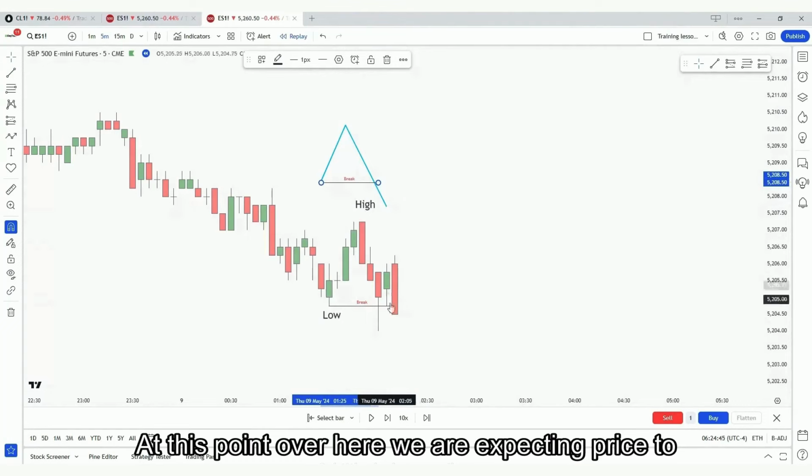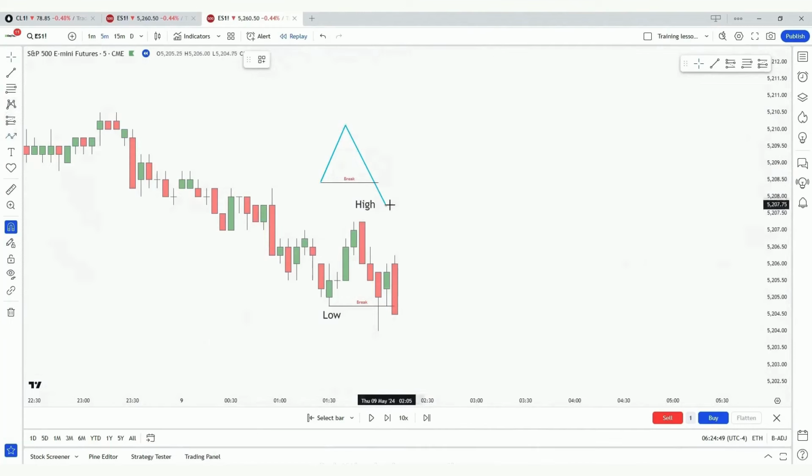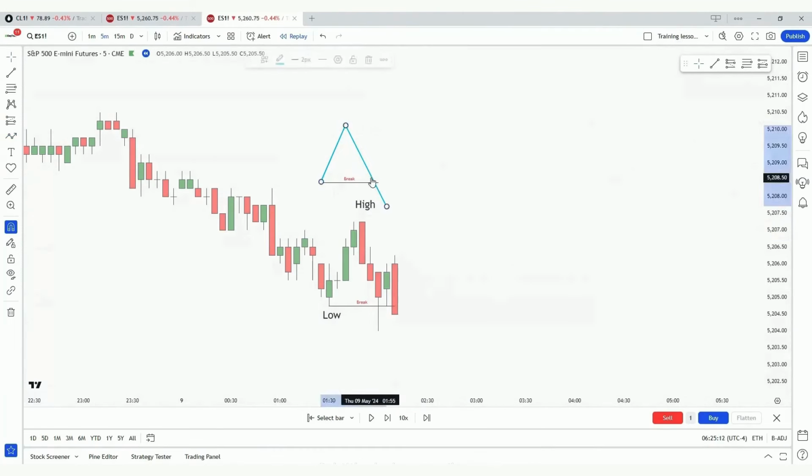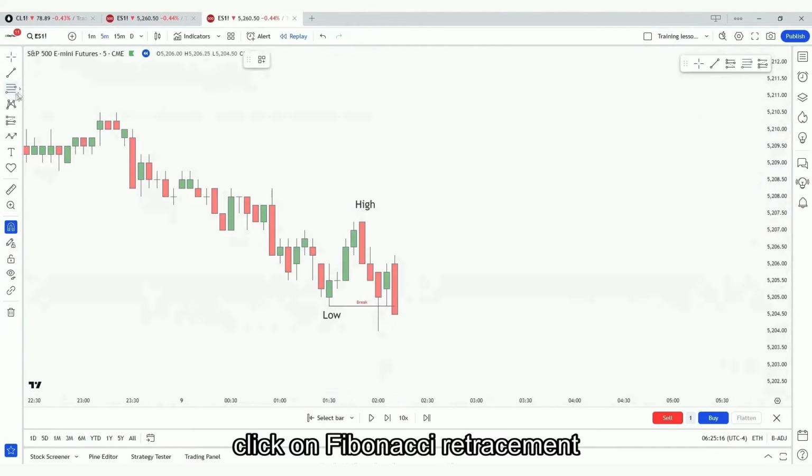At this point, over here, we are expecting price to retrace back into this area and continue to the downside. Let's mark the retracement area. Click on Fibonacci retracement.